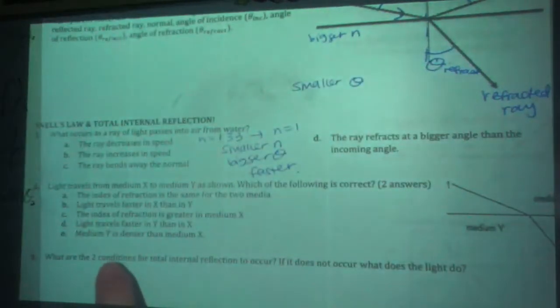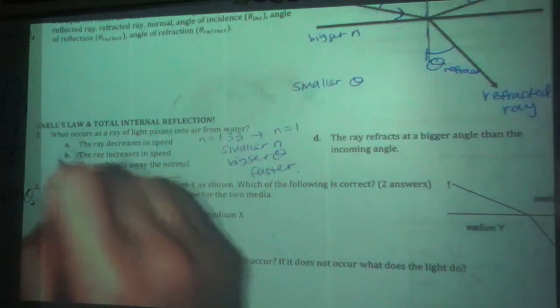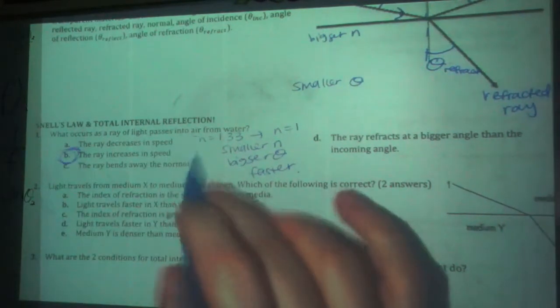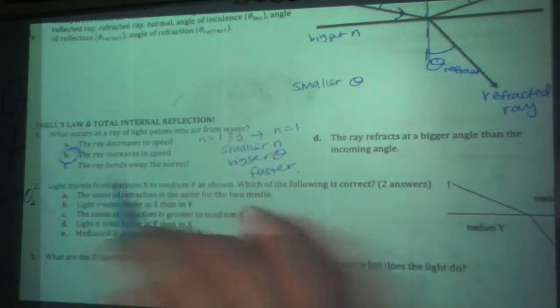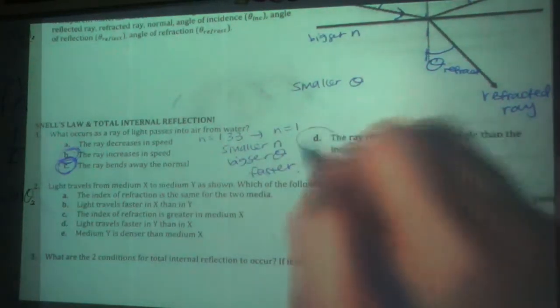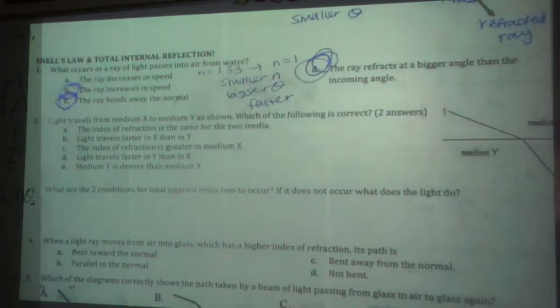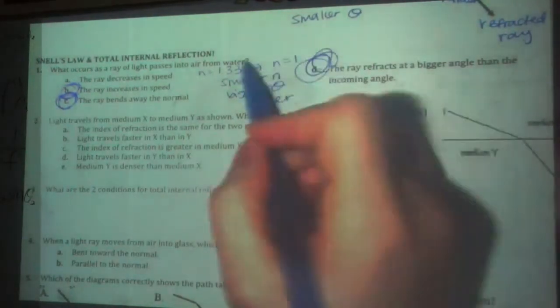So this would be increasing in speed. This goes into air from water. It's bending away from the normal, and it's going to refract at a bigger angle. Okay. Sorry, we meant to put multiple answers there.